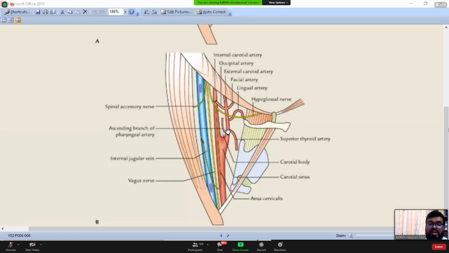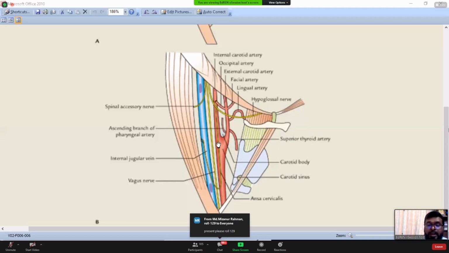So the arterial side is over. Now, if you want to say the vessels, then the internal jugular vein, and then the lymph nodes on it. Then have a recapitulation in your mind that there is a swelling at the bifurcation site of the common carotid into internal and external carotid.